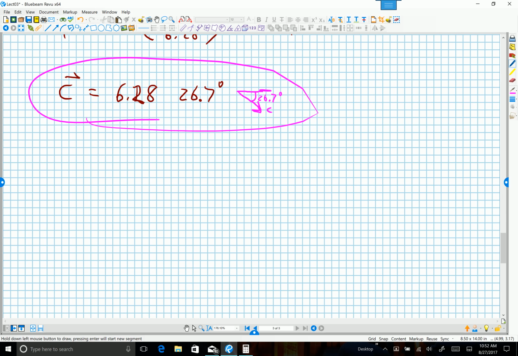So the best way to keep yourself out of trouble is to make sure you look at the units and match the units. For instance, there'll be a question in the book that says, what are the x and y components of a vector velocity that's 20 feet per second and pointing 27 degrees up from horizontal?